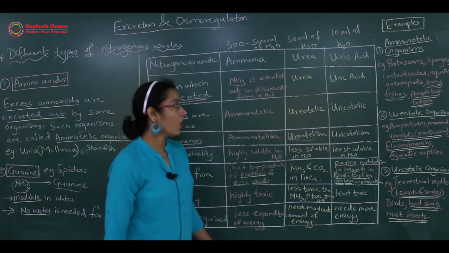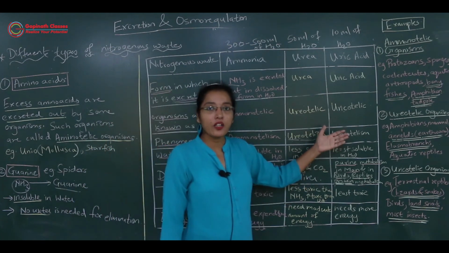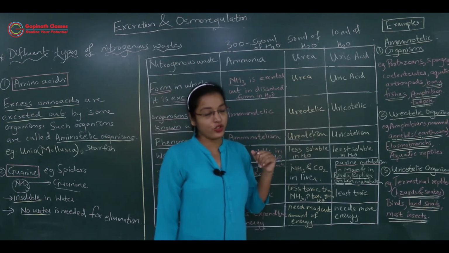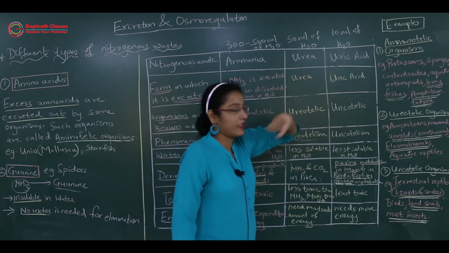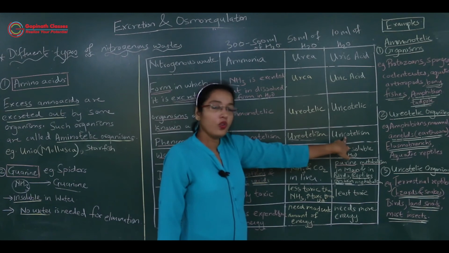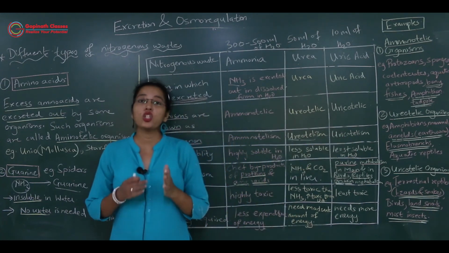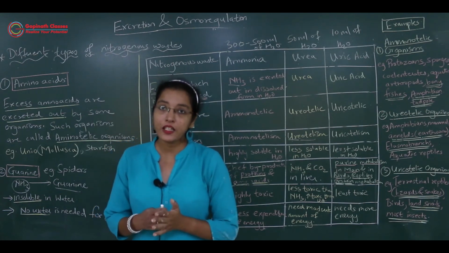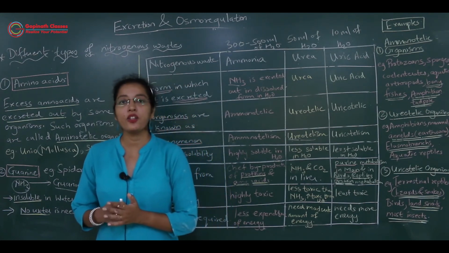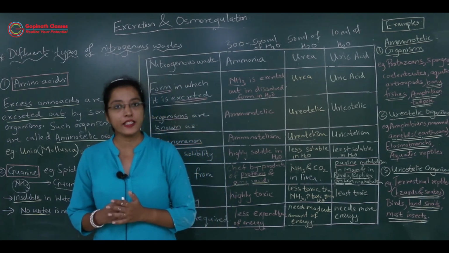Got it? Now we'll talk about the third important mode of excretion, that is uric acid, uricotelism. Uricotelism is the phenomenon in which organisms excrete nitrogenous waste in the form of uric acid.